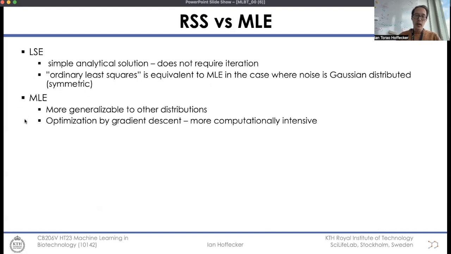In contrast, maximum likelihood estimation is perfectly viable, but it's more computationally demanding. An advantage might be that it's more generalizable. You could, for example, use a different distribution to describe your noise. Maybe it's not symmetric, and this would be a more accurate way to perform a fit in that situation.